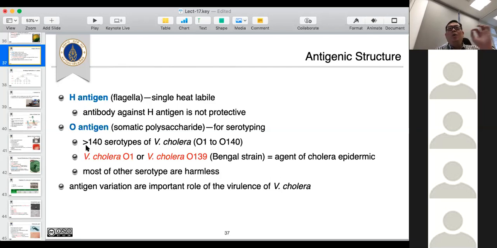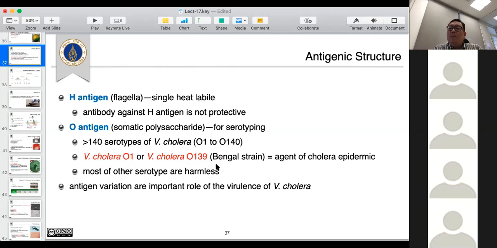We call them O1, O2, O3, O4 up to O140. The very important ones are Vibrio O1 and Vibrio O139. The other antigens are harmless Vibrio. O139 we sometimes call the Bengal strain.